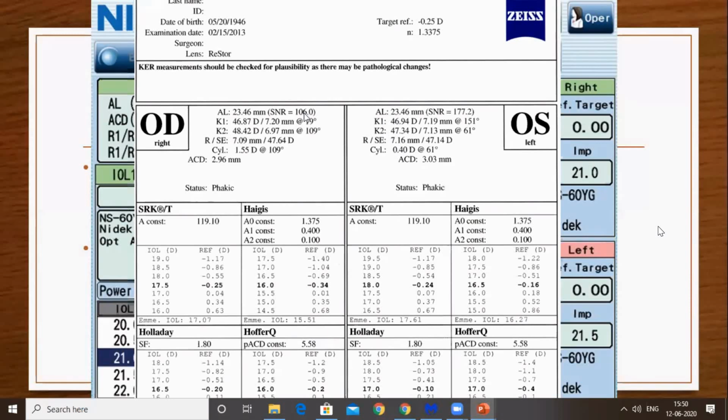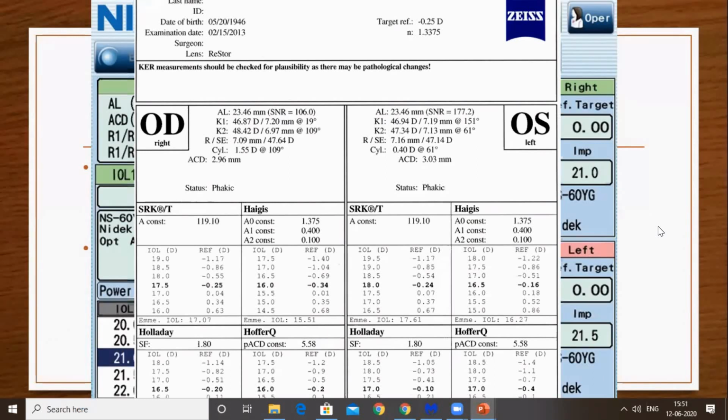And if you see here, this is the signal to noise ratio. From right eye to left eye, the signal to noise ratio varies, but the axial length is the same. Whenever the signal to noise ratio is higher, the values are more accurate. So in this report, the left eye report was more accurate than the right eye. Here the signal to noise ratio is 177.2, here it is 106.0. In that case, we can conclude that the right eye has a dense cataract, and because of the dense cataract, the signal to noise ratio is less.